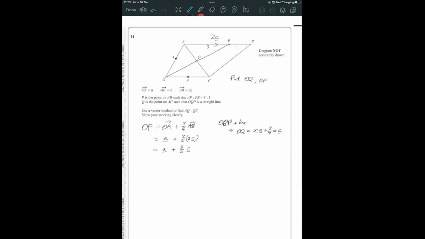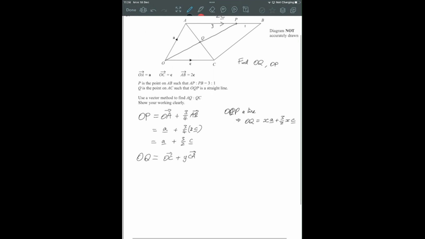Another way to get OQ is to use the fact it's on AC. So OQ is also OC plus some amount of CA. Well, OC is just c.